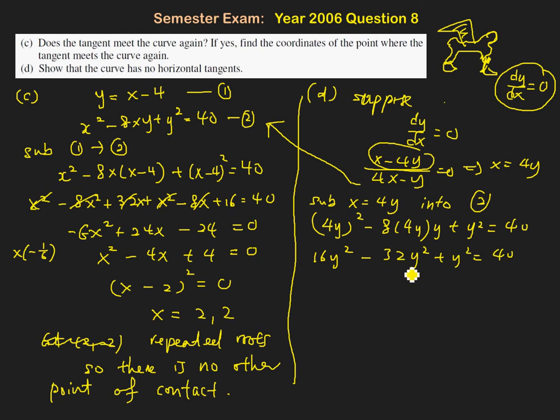This is negative 15y squared equals 40, and y squared is equal to negative 40 over 15. I'm not going to simplify, but this is already proof enough to argue that this statement is wrong, because this is impossible, right? Y squared can never be negative.